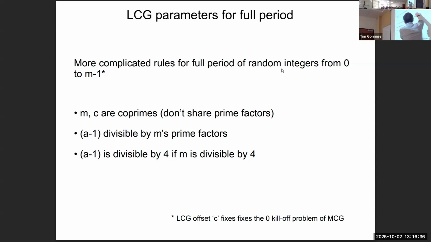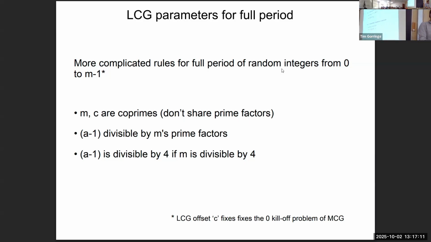So this is a sort of summary of the rules that you would have to apply to pick linear congruential random number generator parameters, M, A, and C, that give you the full period, the full spectrum of random numbers. And I'm just telling you that there are rules. I don't know how to get these rules, but there are a set of rules for you to base your choices on. As I say, a reason for LCG versus MCG is because it kills off the problem of getting stuck in zeros.